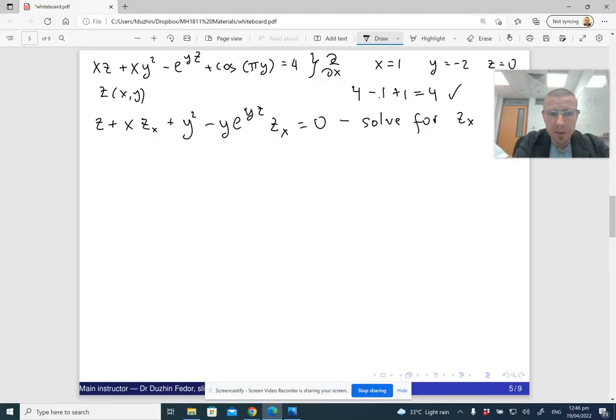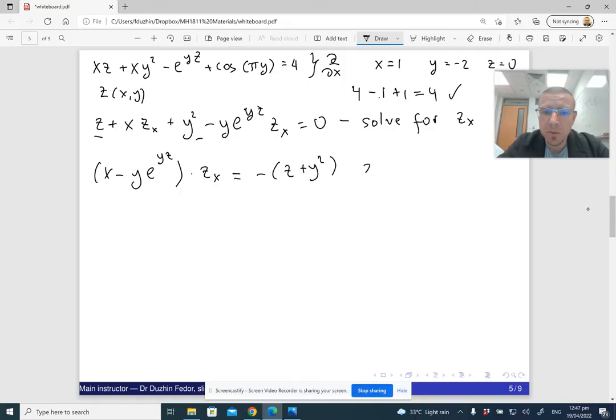To do it, we can put the terms with z_x together, so it's going to be x minus y e to the yz times z_x, and the other two terms we can move to the right hand side, so this is minus z plus y squared.